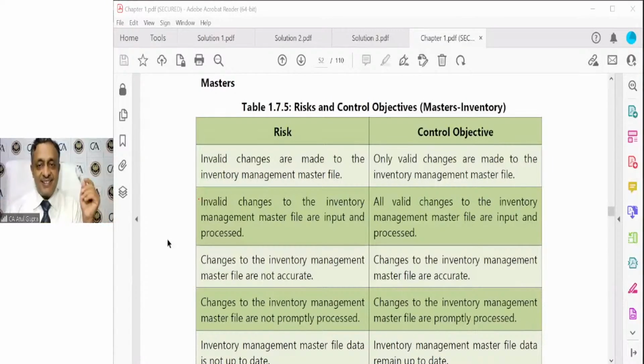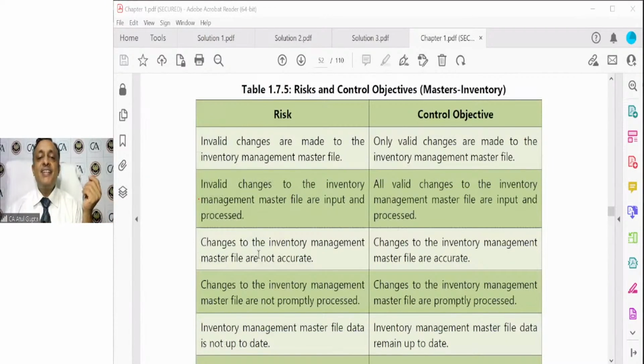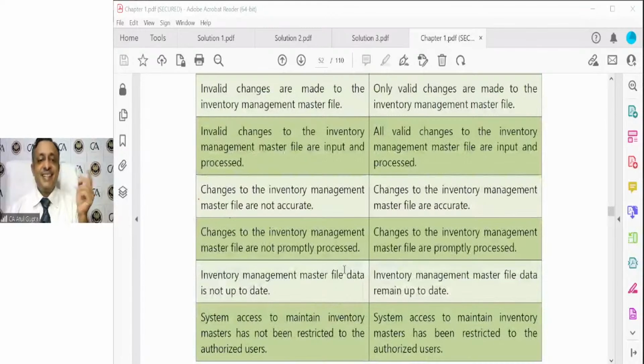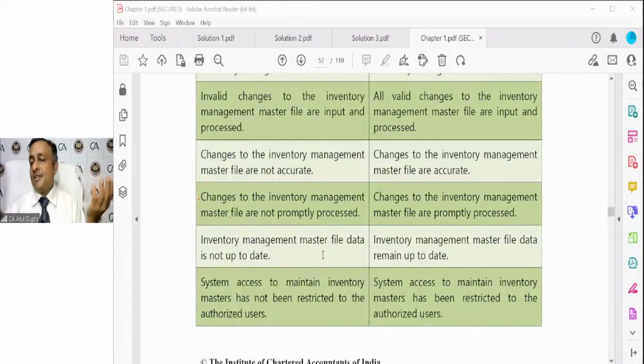It's a disaster like that. Then invalid changes to inventory management master are input. So incorrect changes made, changes are not accurate, changes are done but not processed timely, and file is not up to date. So if you look at the master, the basic parameters are the same. The header is changing. So that will help you remember fast.